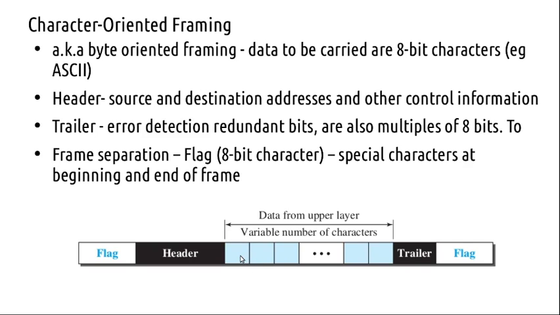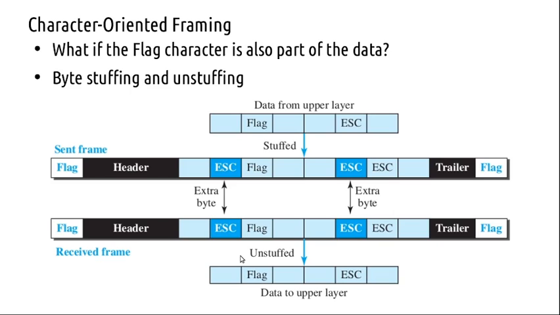In such a case, you add something called an escape sequence. This is what you pick up in the programming classes, isn't it? You add an escape sequence to indicate that this particular character is data. This escape sequence is another special character which is added just in front of this data, similar to the flag bytes.